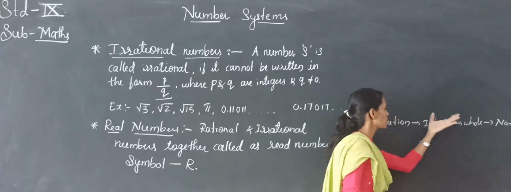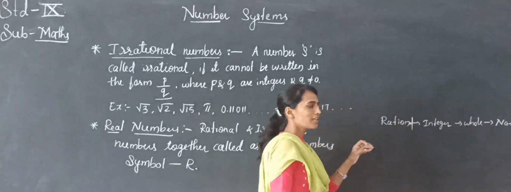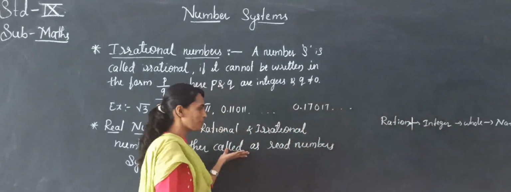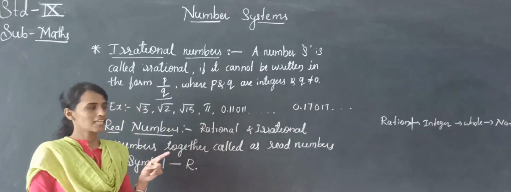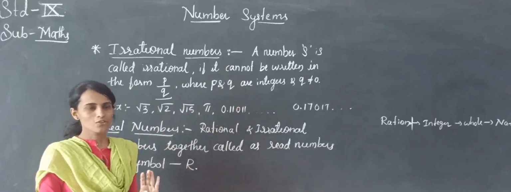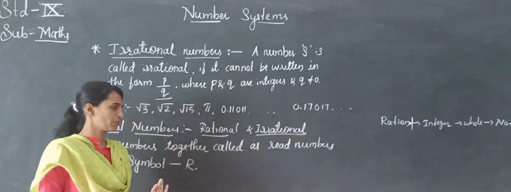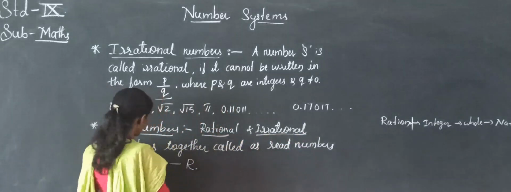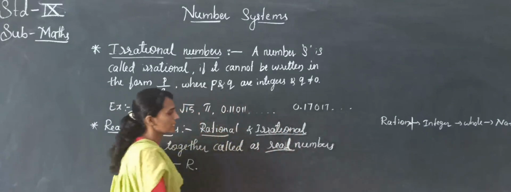Natural numbers, whole numbers and integers together we call the rational numbers. Rational numbers plus irrational numbers together we call the real numbers.